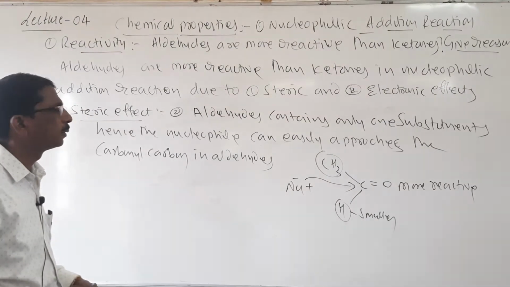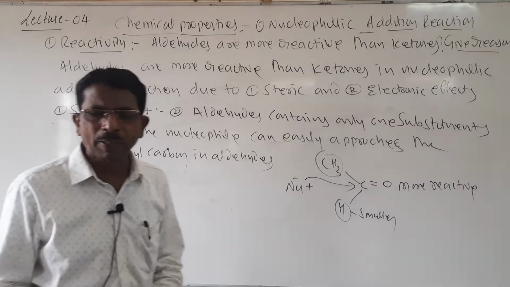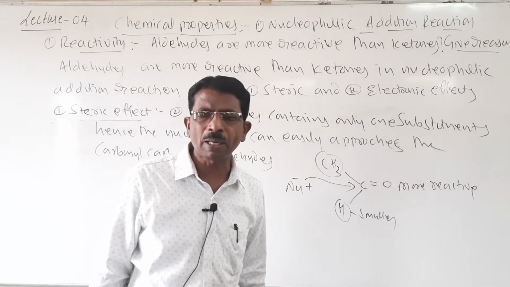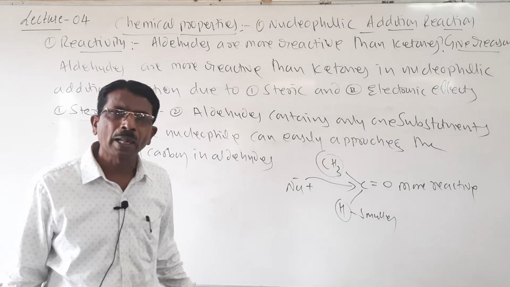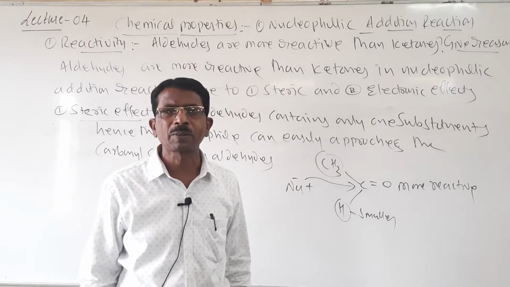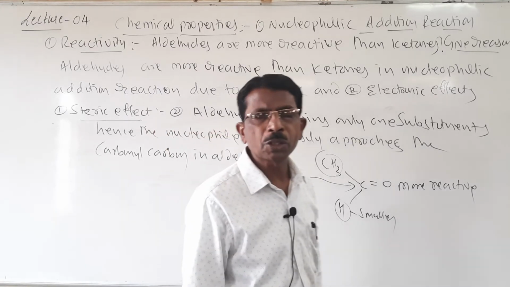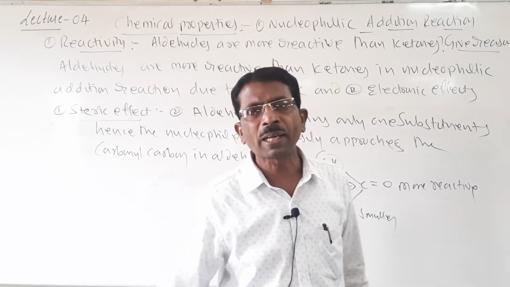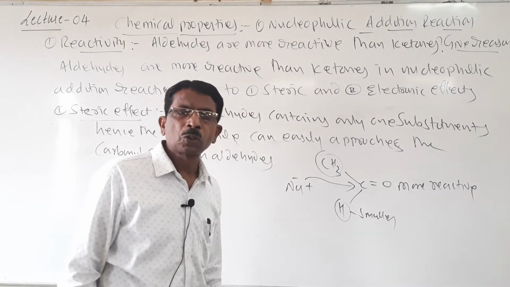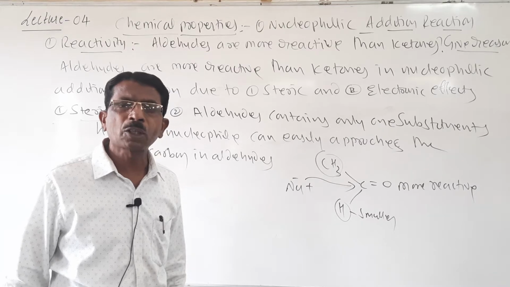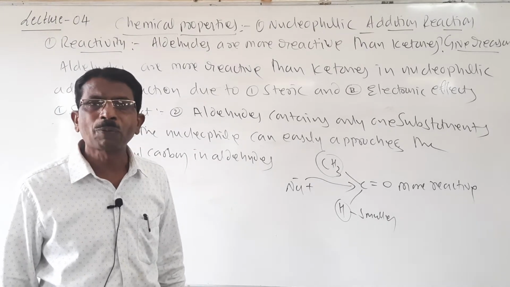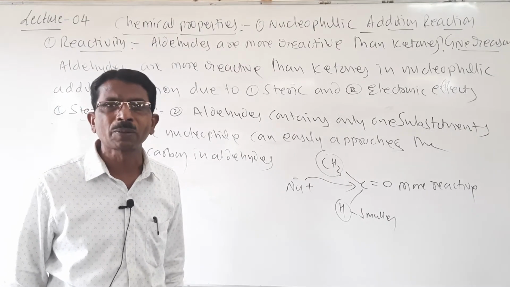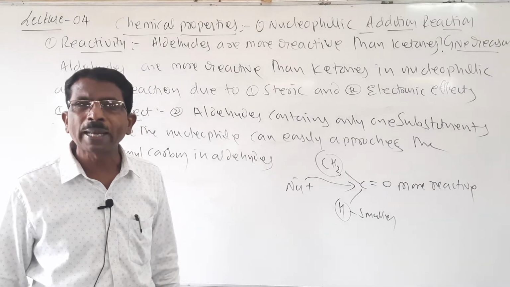Electronic effect. In electronic effect, remember the electrophilicity of the carbonyl carbon in ketone decreases due to the presence of two alkyl or aryl groups. Because alkyl groups are electron releasing groups, the electrophilicity decreases, and therefore these are less reactive.